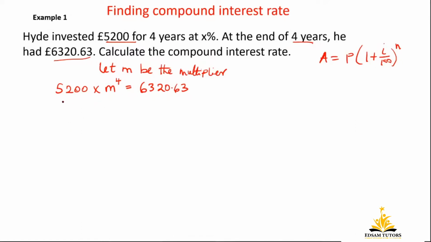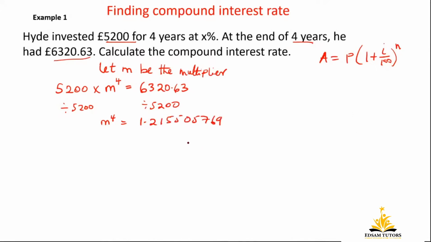Now to find the multiplier, I'll need to get rid of this 5,200 and get rid of this power of 4. So doing the inverse of that, divide both by 5,200. So m to the power of 4, let me just put that on the calculator. 1.215505769.